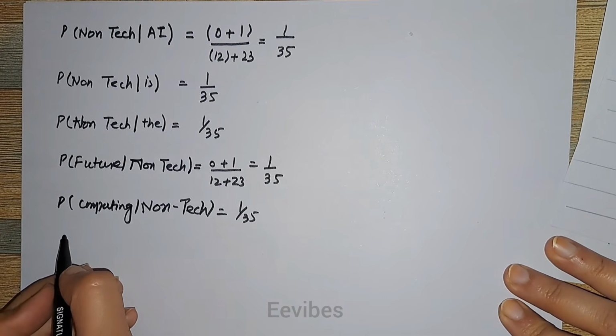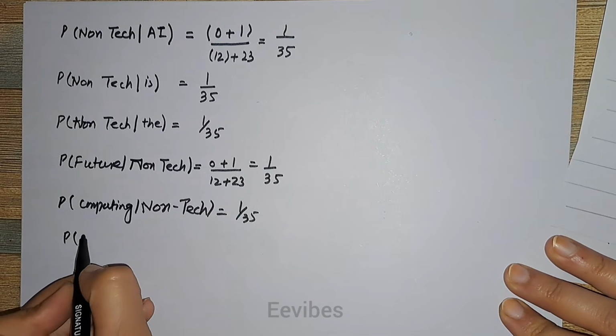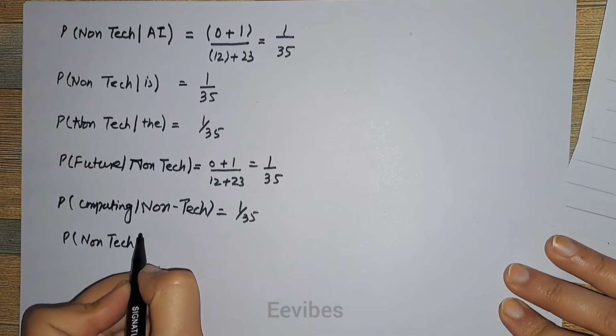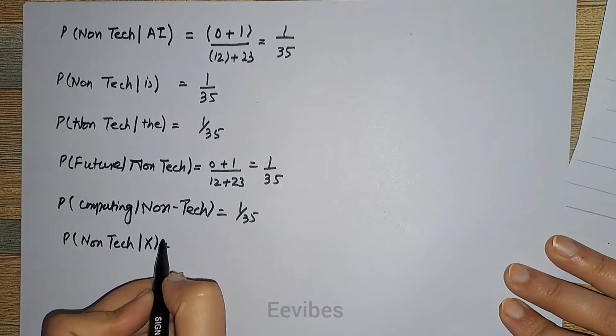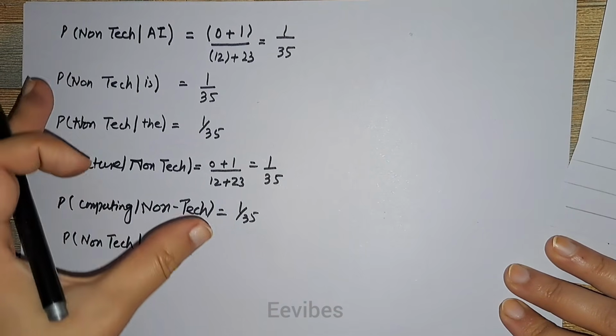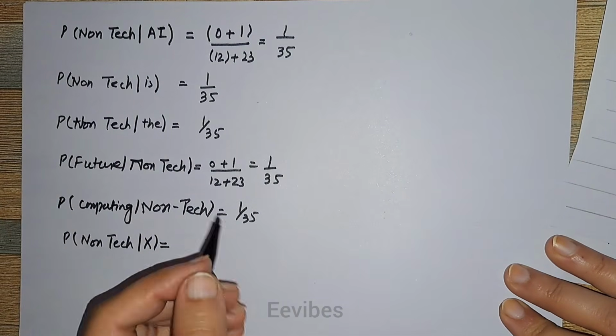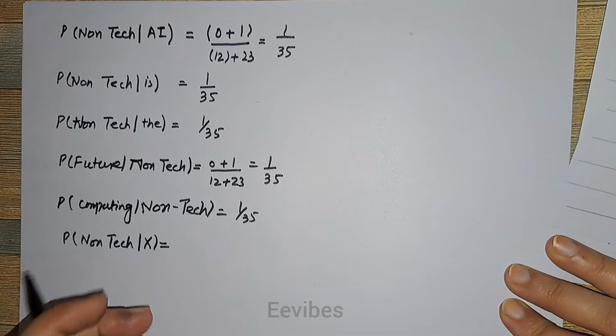Fine. Finally, we are going to determine the probability of non-tech class given this sentence, which is equal to the product of the individual probabilities, and then finally the probability of the non-tech class.